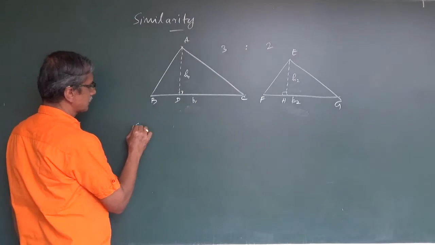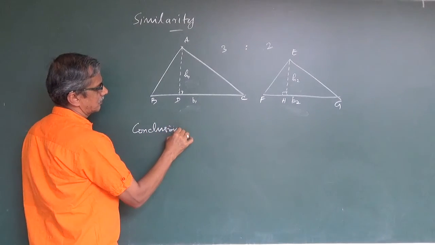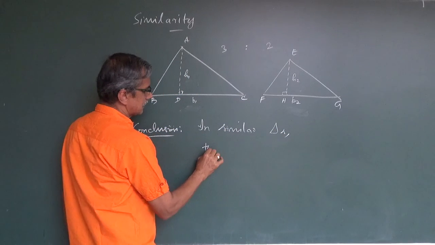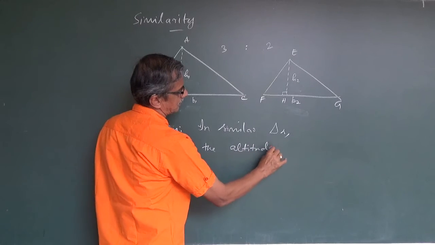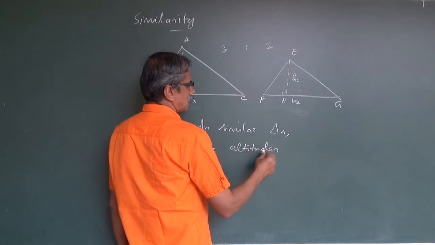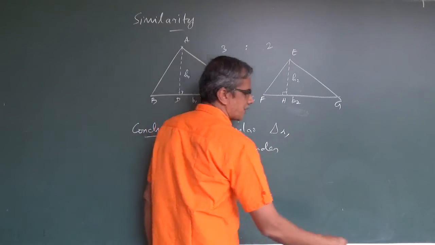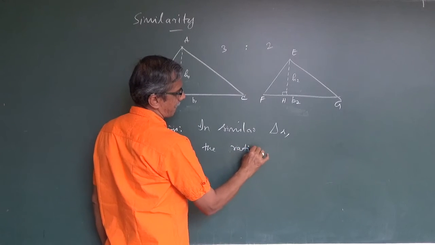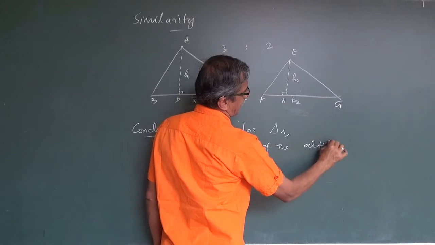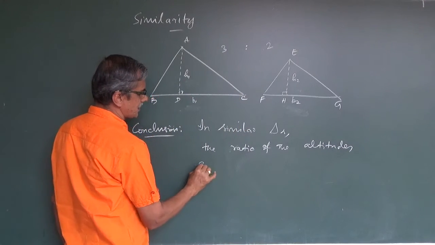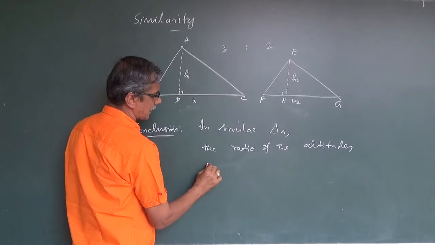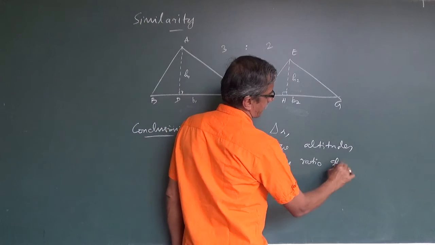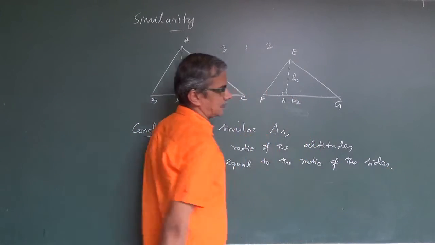What is our conclusion? In similar triangles, the ratio of the altitudes is equal to the ratio of the sides.